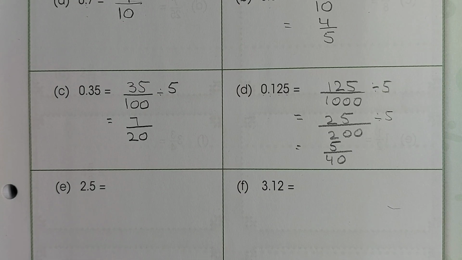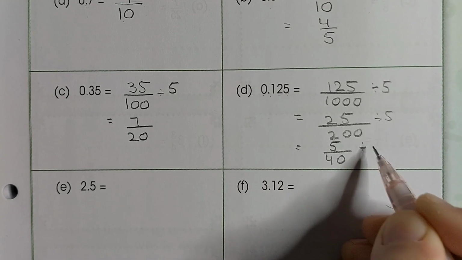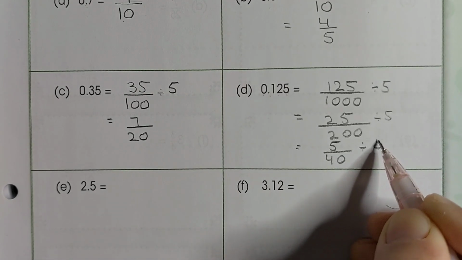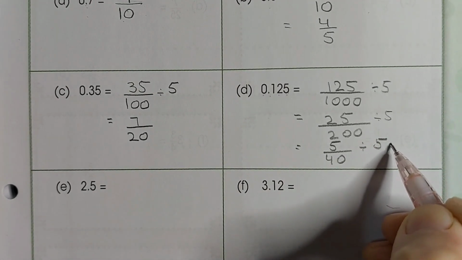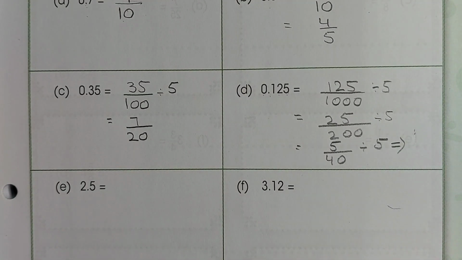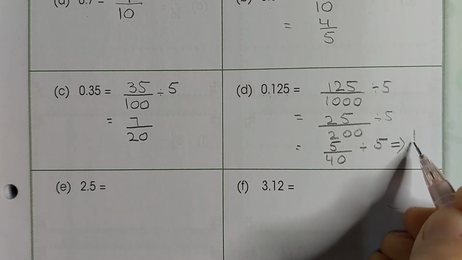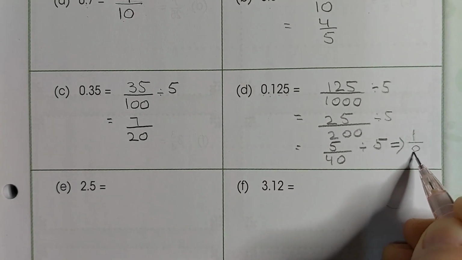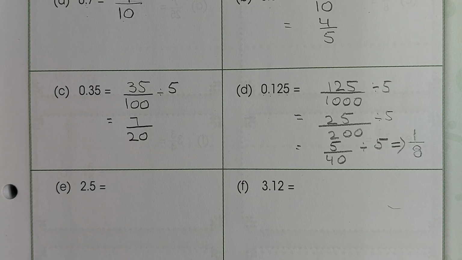Now again you can see 5 and 40 both are divisible by 5. So we will divide it and it will become what? 5 1s are 5, 5 1s are 5 and then what? 5 8s are 40. So we can say that the simplest form for 0.125 is 1 upon 8.